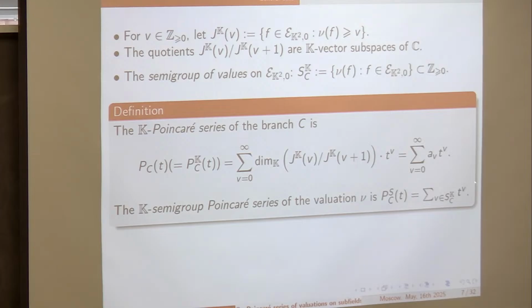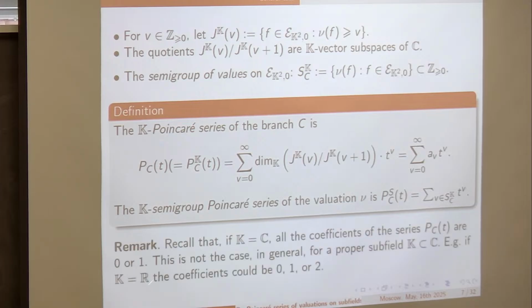That means the characteristic function of the semigroup, which is more or less the semigroup is the support of the Poincaré series. So this is also important. Okay, so I recall again that if you take k equal to the complex field, all the coefficients here are 0 or 1.